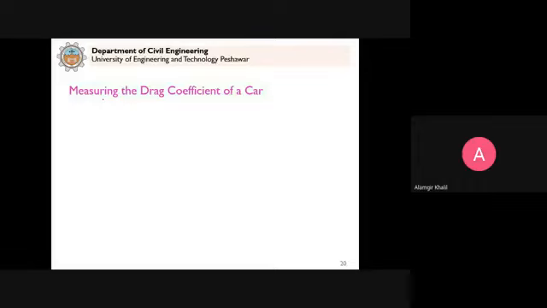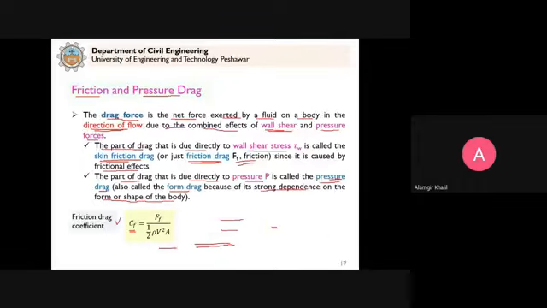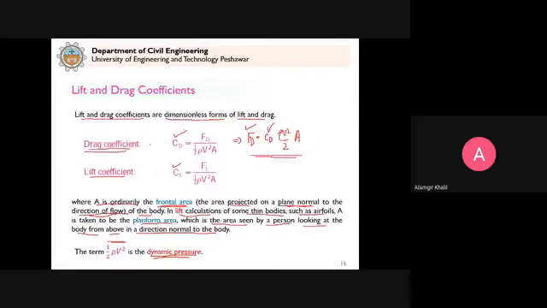Now measuring the drag coefficient for a car, we earlier discussed the drag coefficients. So how can we measure them? For this you need to measure these parameters, then we are able to calculate this.